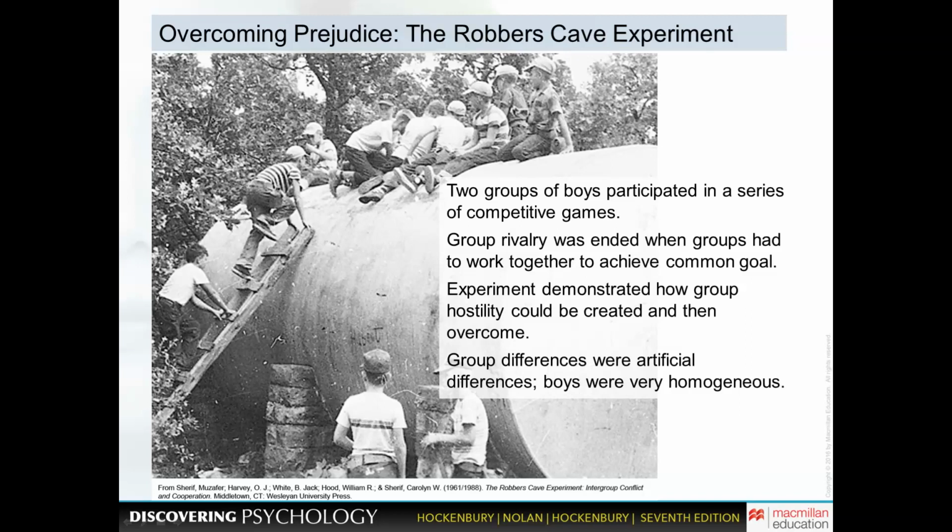Obviously, two groups led to competitive rivalry. That showed how group hostility could be created and then overcome. Just being a member of one group can lead to more hostility toward another group.